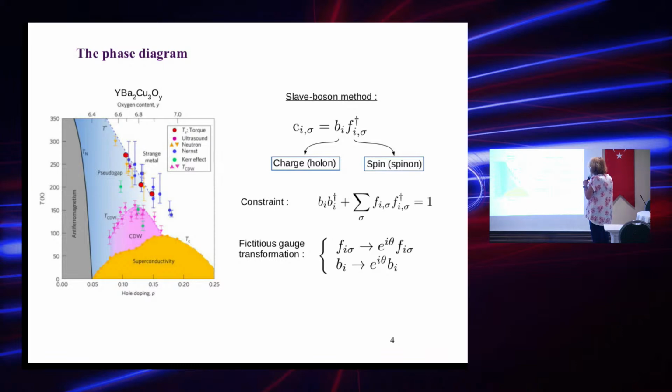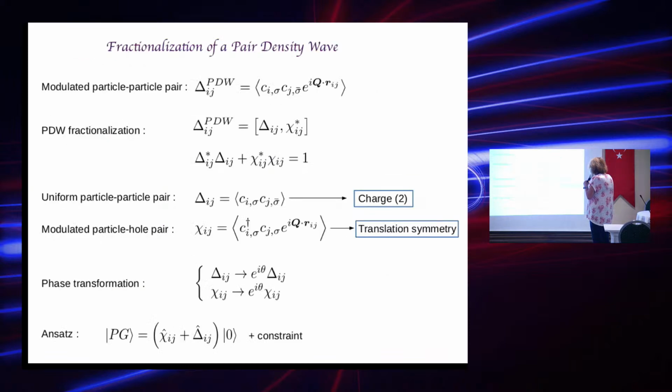And in order to control the number of states on site, you impose a constraint which says that the number of spinons and holons is equal to 1 at every site. This is accompanied by an emergent gauge field, a gauge transformation with a fictitious U(1) gauge field. And the system, if you put the gauge field, is invariant with this transformation. So we decided to do the same, but for a boson.